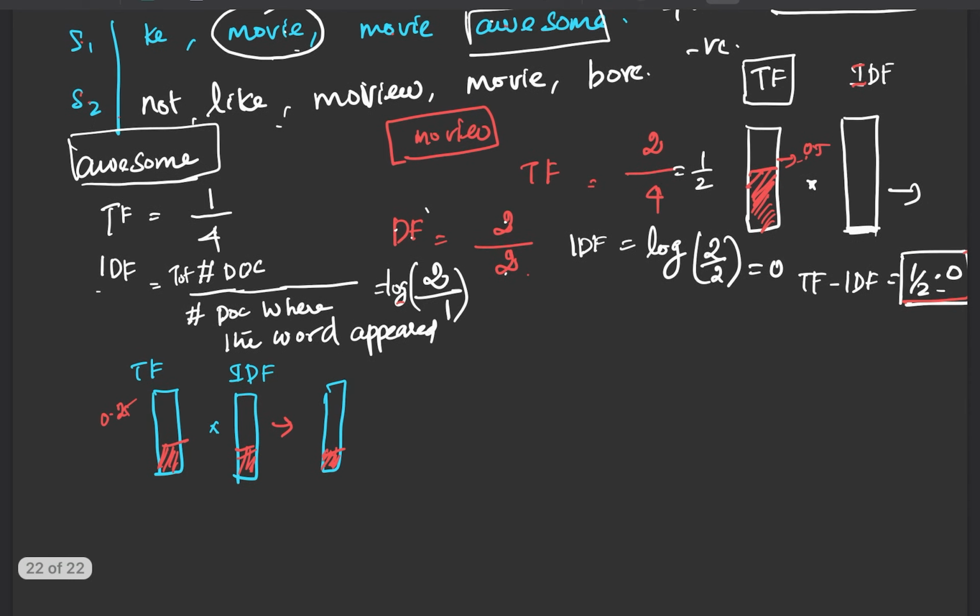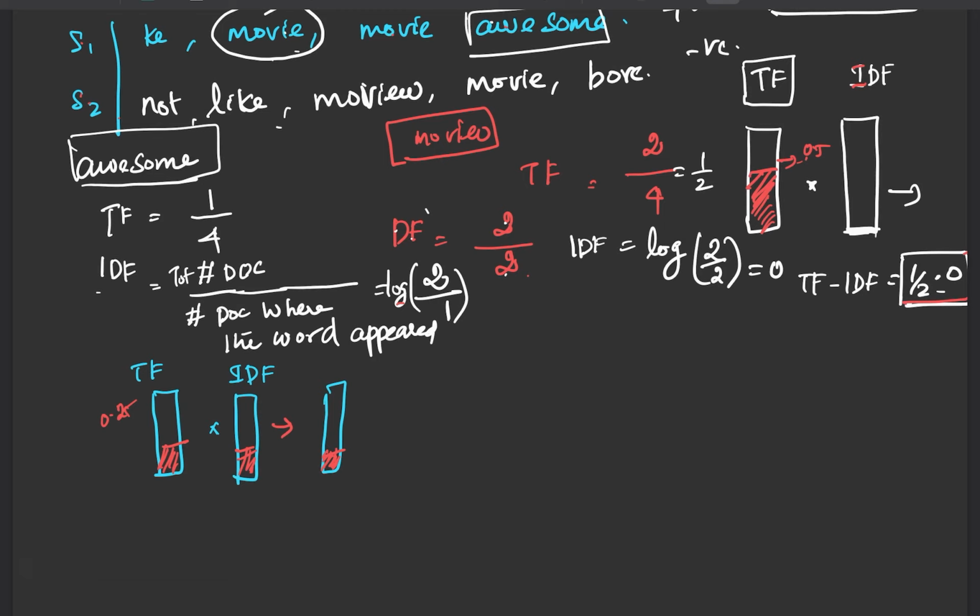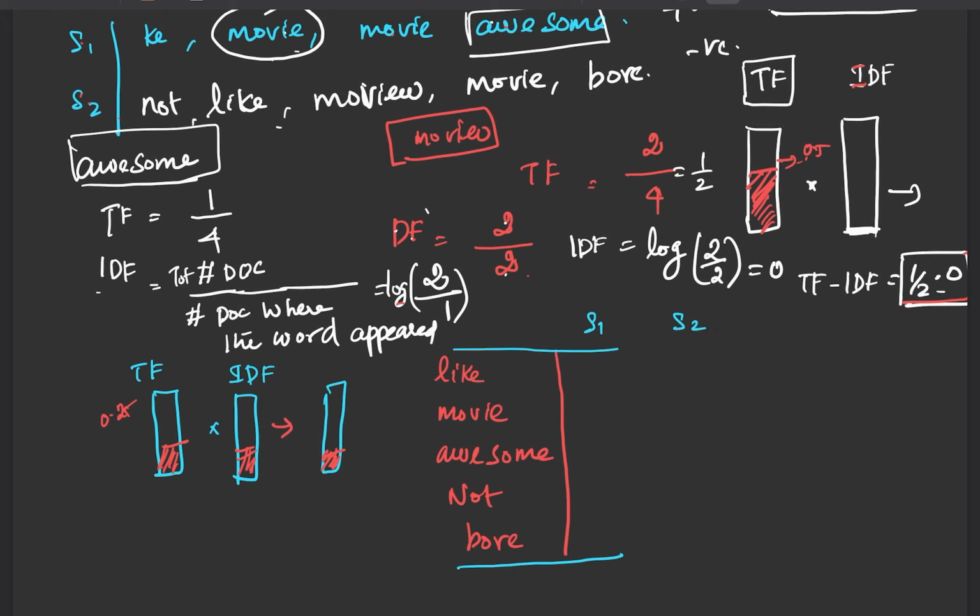For S1 and S2, we have a list of vocabulary: movie, awesome, not, bore. These are the words. And then we have the documents, the sentences S1 and S2.